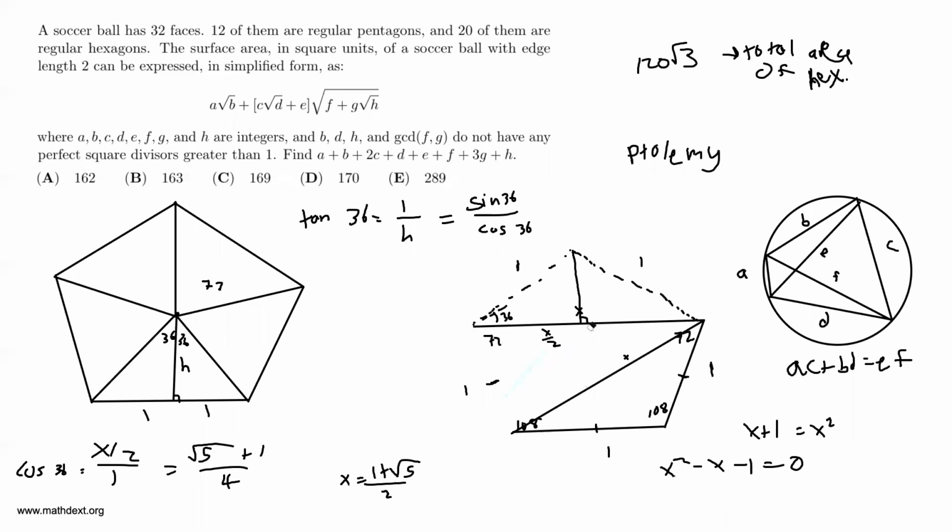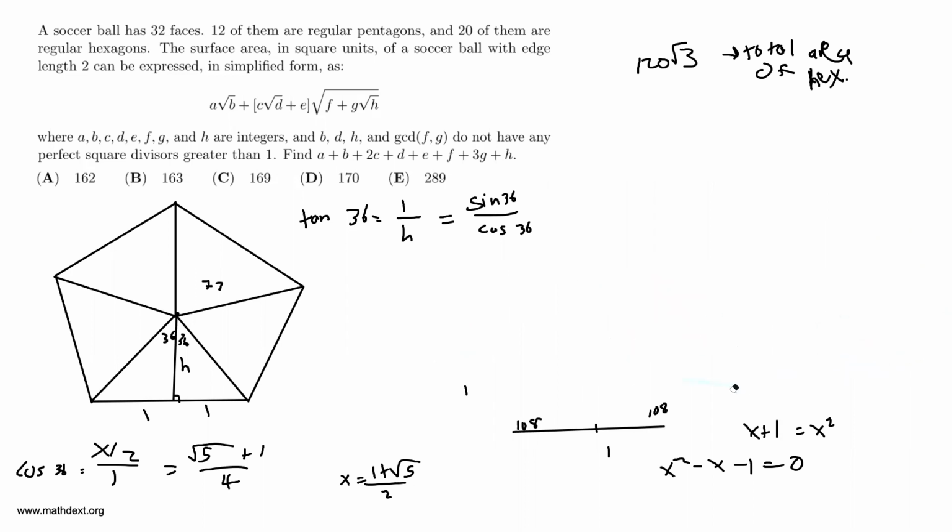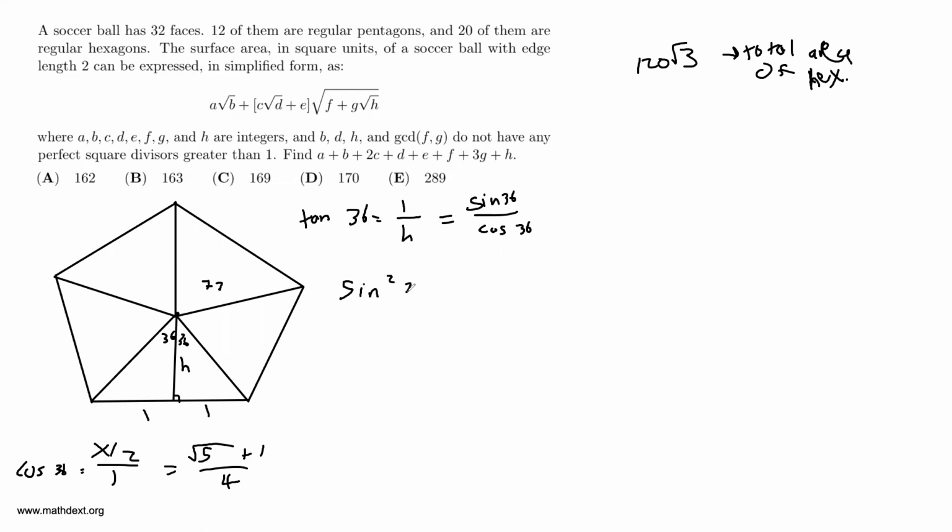So let me clear all of this stuff because you have to do a lot more. And what you can do now is say, okay, we have cosine of 36. Now let's use that to find sine of 36. And we can do that by using the identity sine squared of 36 plus cosine squared of 36 is equal to 1.